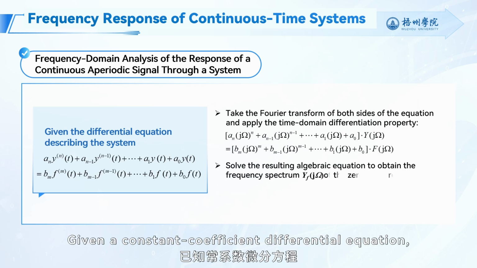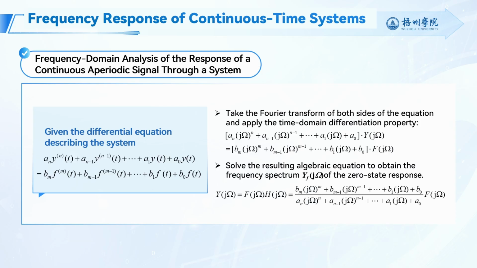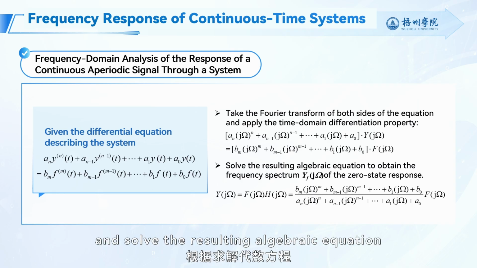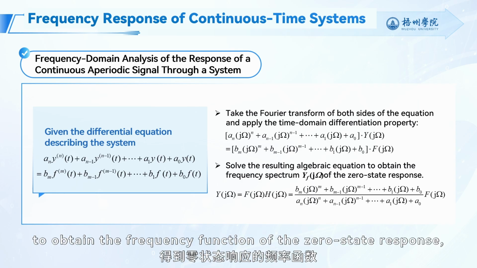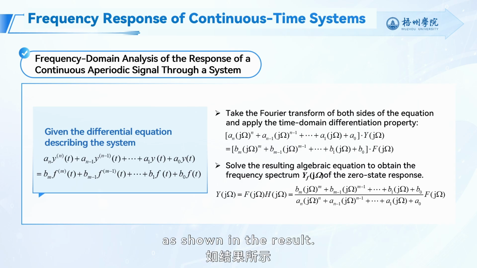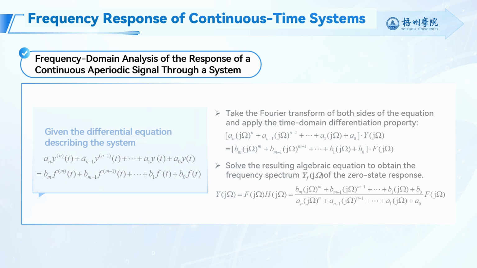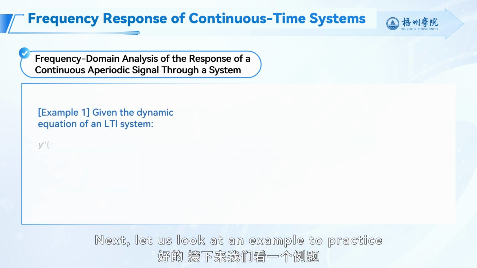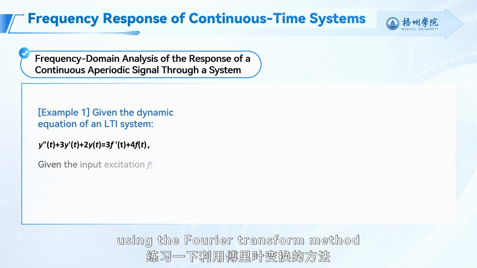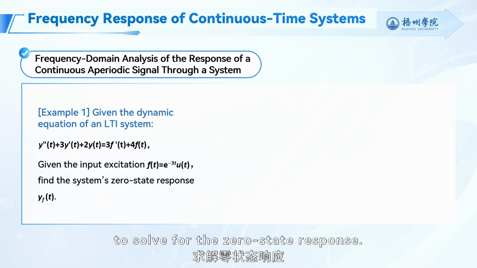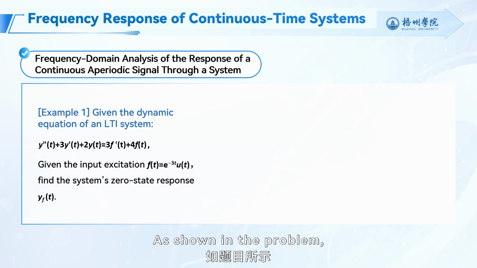Given a constant coefficient differential equation, regardless of the order n, we can take the Fourier transform of both sides of the equation and solve the resulting algebraic equation to obtain the frequency function of the zero-state response, as shown in the result. Next, let us look at an example to practice using the Fourier transform method to solve for the zero-state response, as shown in the problem.